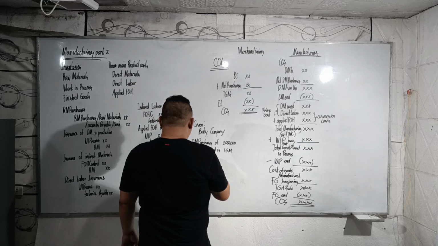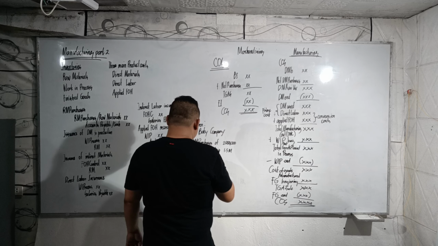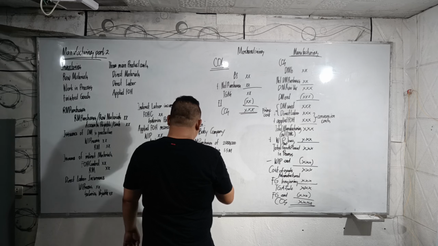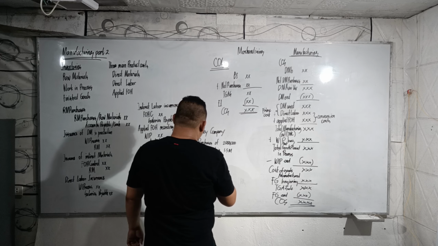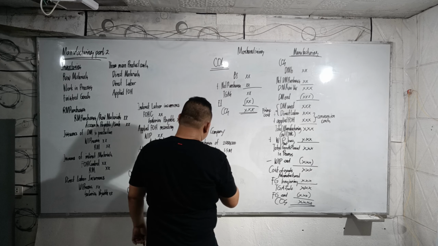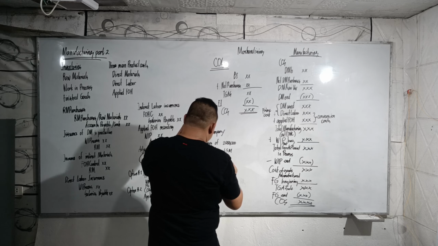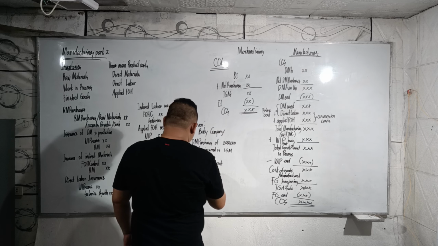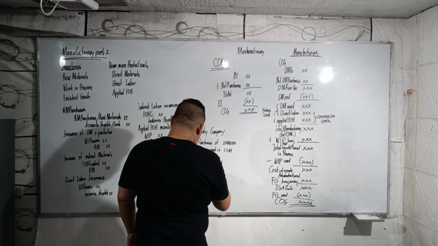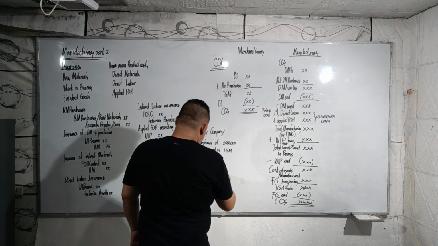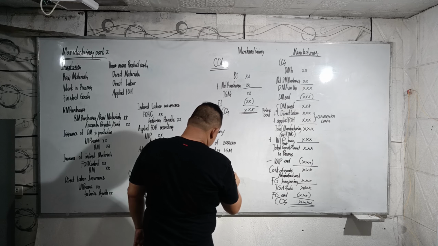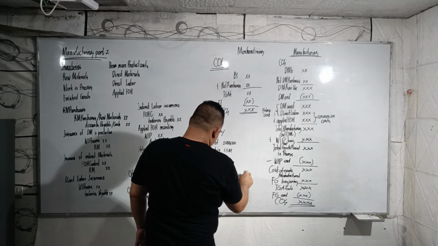Factory overhead applied is 120% of direct labor cost, and then direct materials inventory decreased by 100,000.